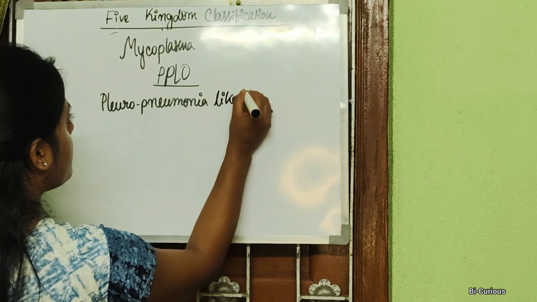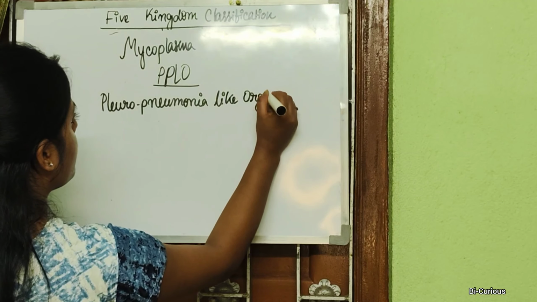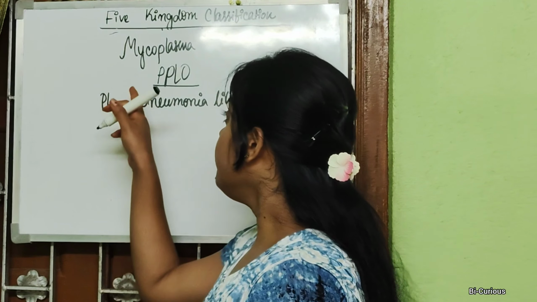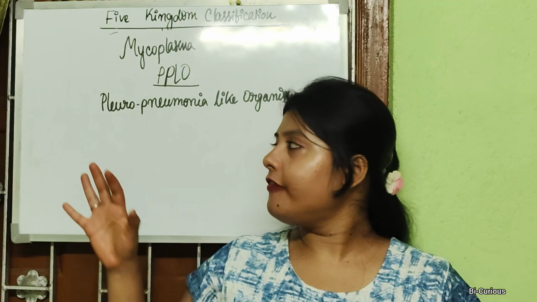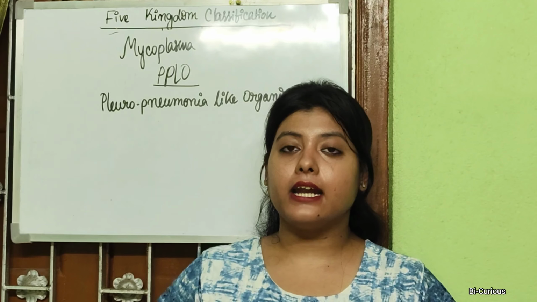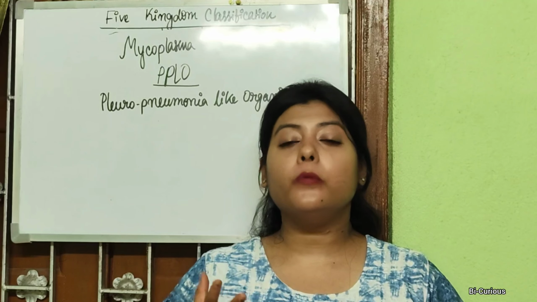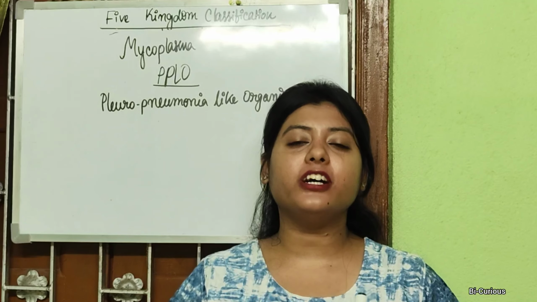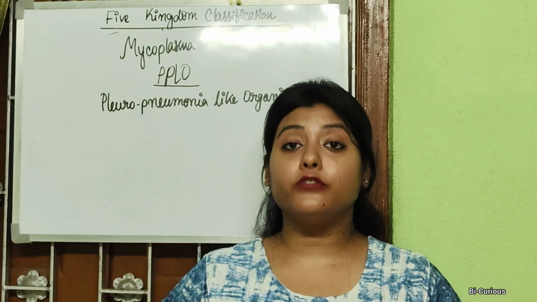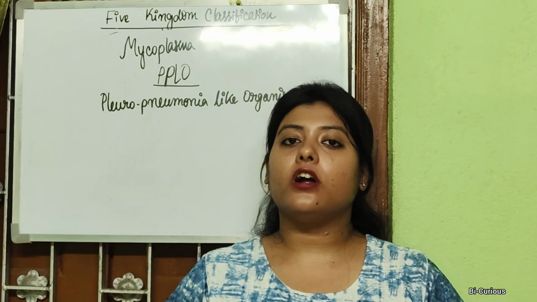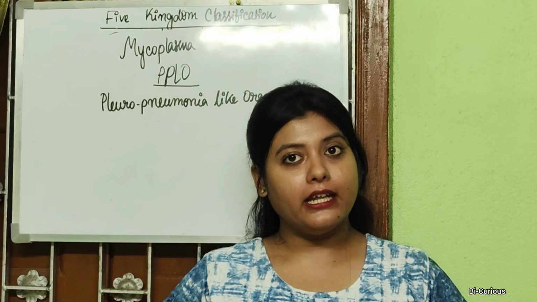From this name we can understand that PPLO basically causes pneumonia-like diseases, and it was first found in the pleural fluid of cattle. So that is why it is called Pleuropneumonia-like organism.